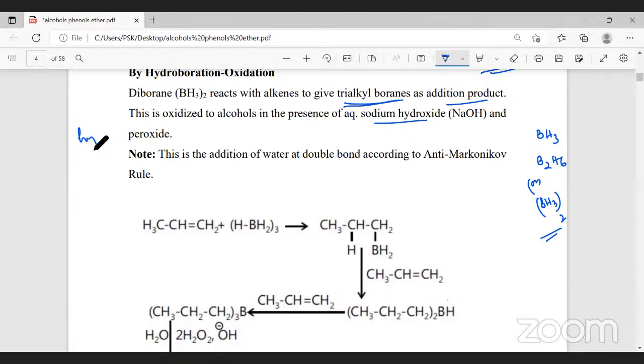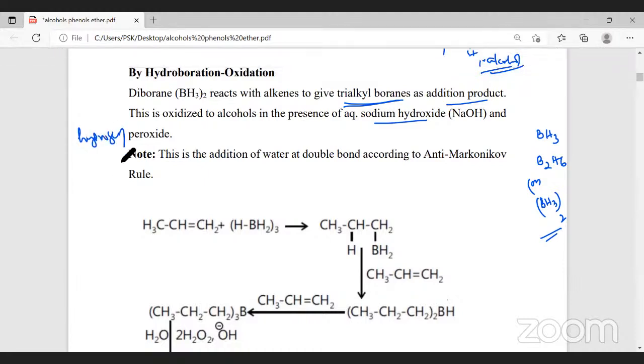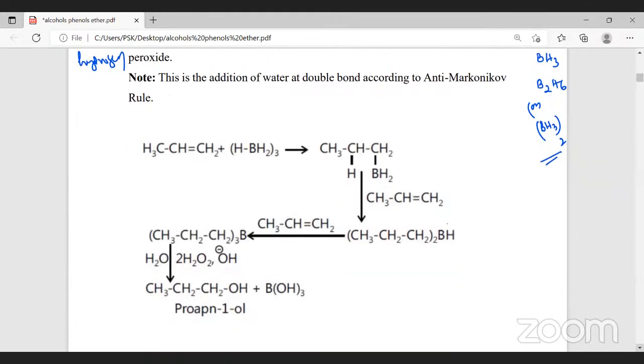This is addition of water at the double bond according to Markovnikov's rule. This reaction looks very complex, but it is not so. It is easy. We will try to learn this reaction.